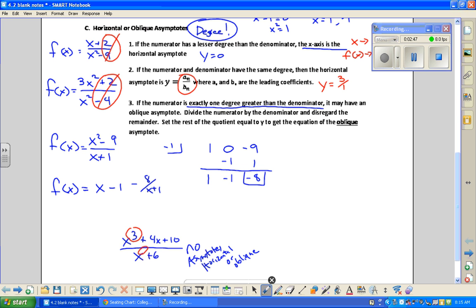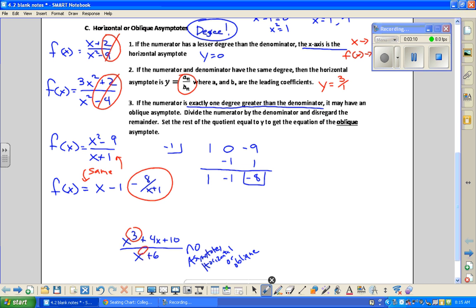These functions are the same. You just divide it to make it a different format. And what we see is that this part, as x gets really big, what happens to that quantity?